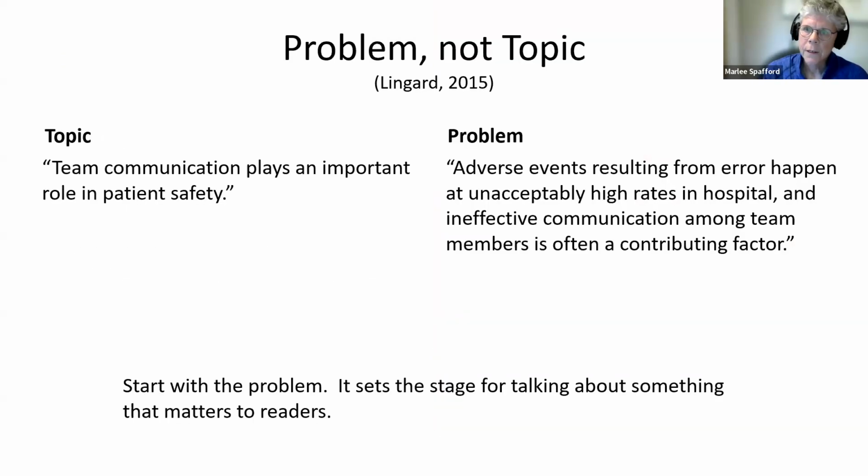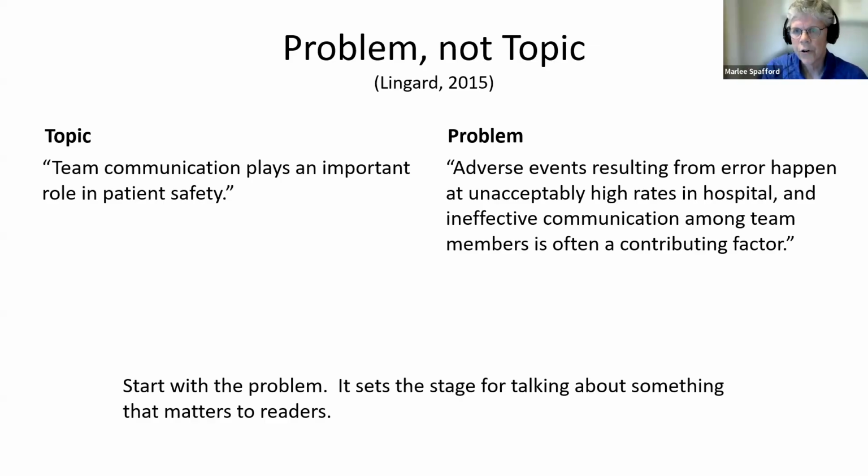Now, I do want to make a differentiation between having a topic and talking about a problem. We're encouraging you, in the writing that you're doing and going to do, to think about articulating a problem. But I want to have you look at these two contrasting statements. On the left, we have a topic.